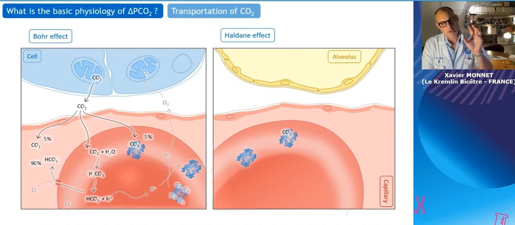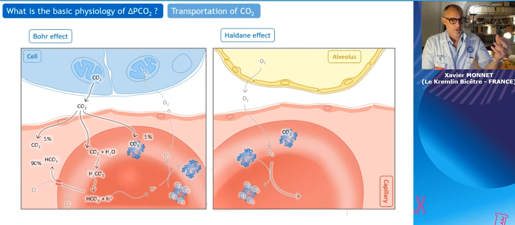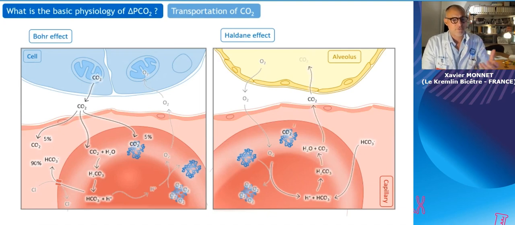On the lung side, it's the opposite. Because of the high concentration of oxygen in the alveoli, oxygen diffuses through the red blood cell. Reduced hemoglobin is oxygenated, and we have the opposite reaction where bicarbonate and an H+ ion form CO2.